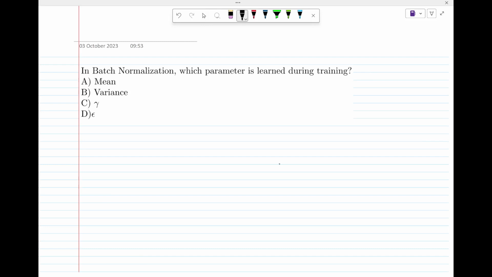So each output of each layer is normalized in this way.